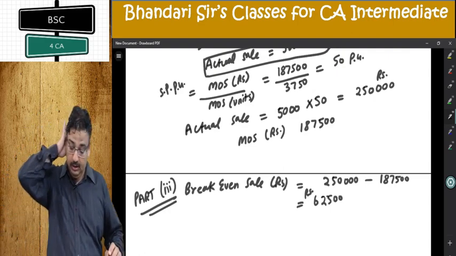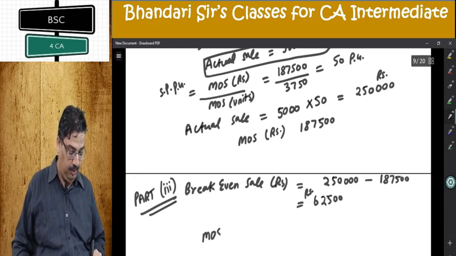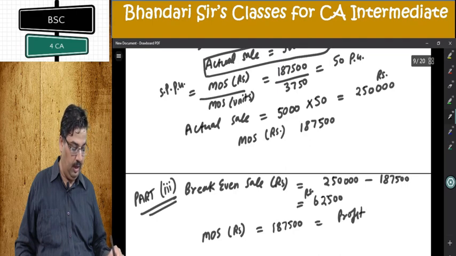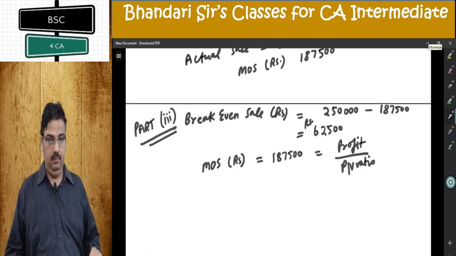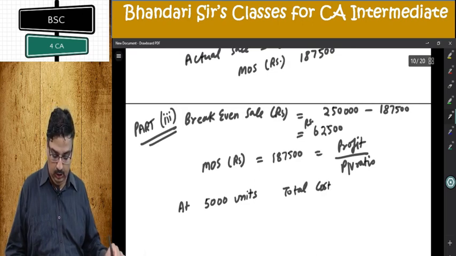Now let us somehow get other things. MOS in rupees 187,500 is equal to profit by PV ratio. So one implication I am getting here: at 5,000 units, total cost given is 193,750.